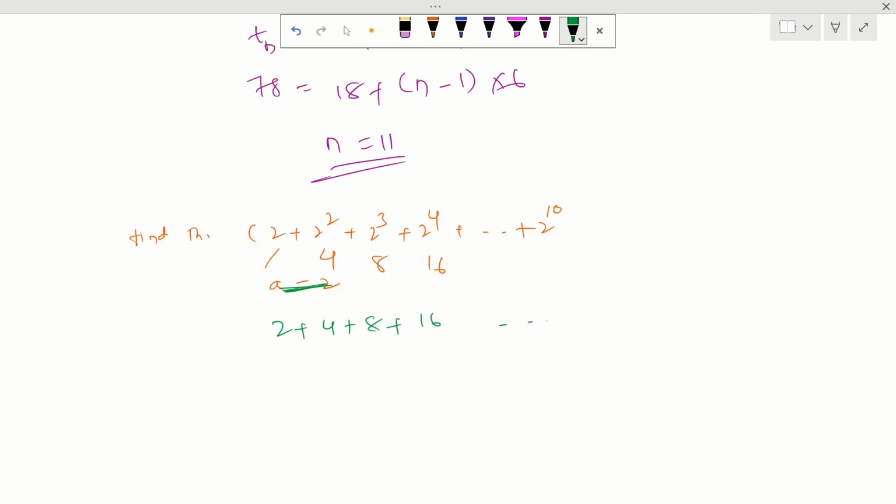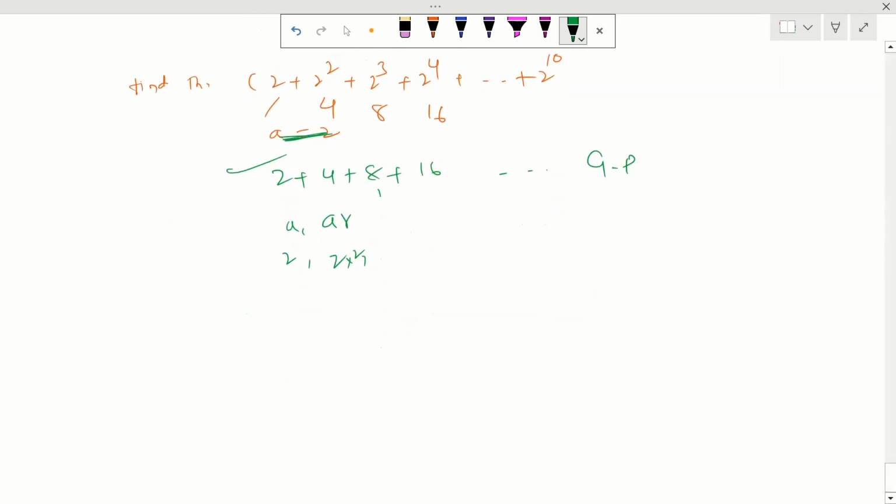This is a sum, but it is in geometric progression, right? A is 2 and R is 2. 2 into 2 is 4, then 8. A, AR, so this is in geometric progression.